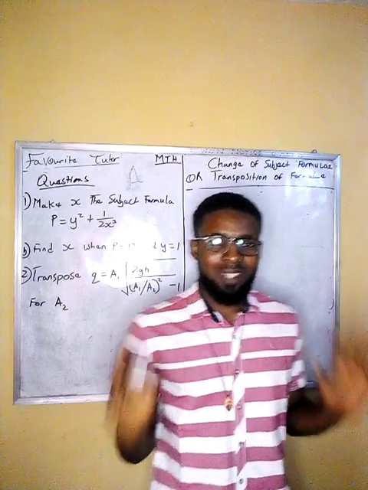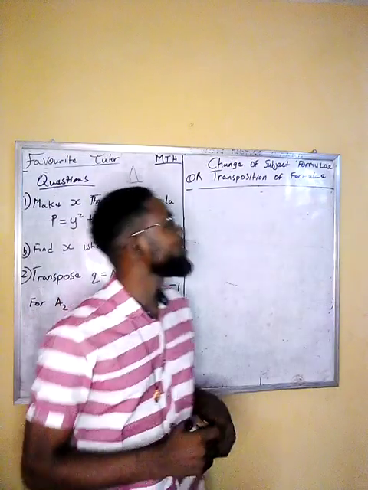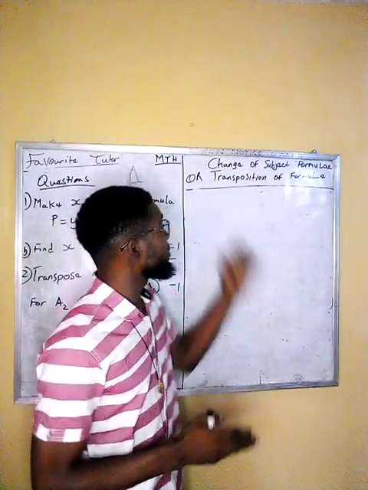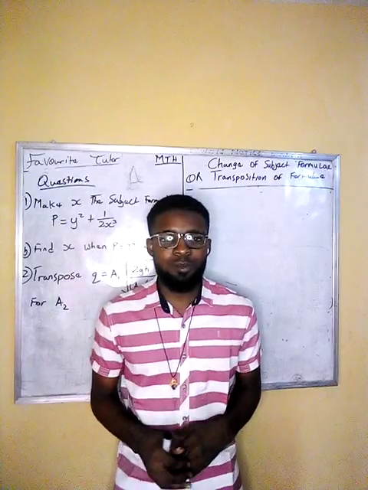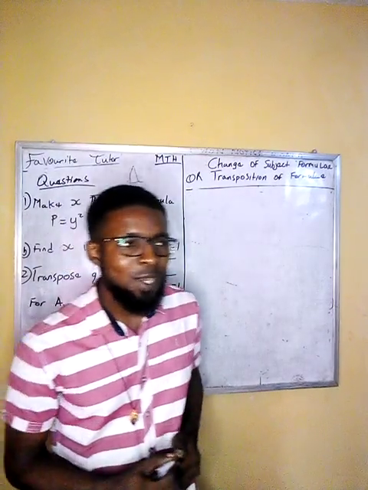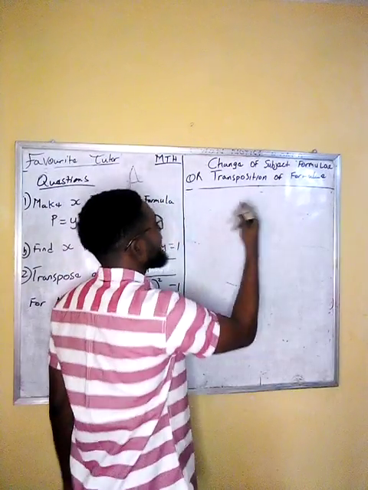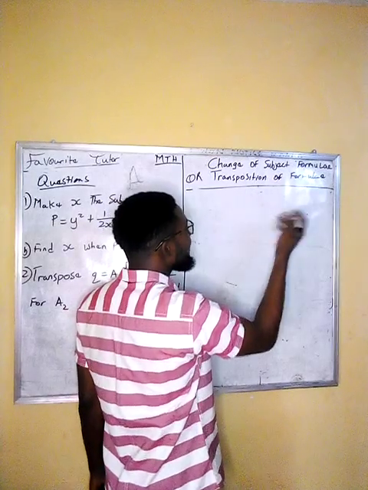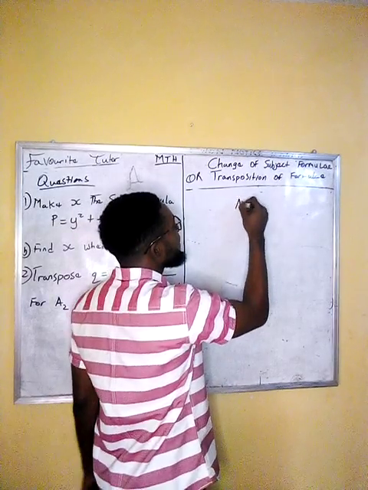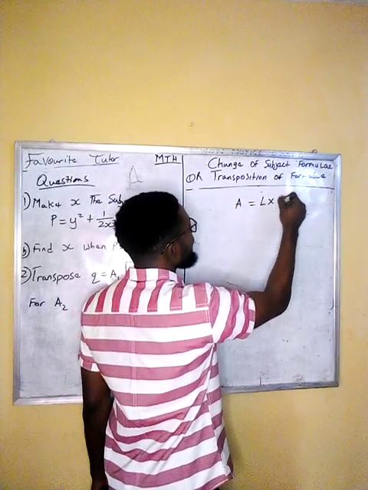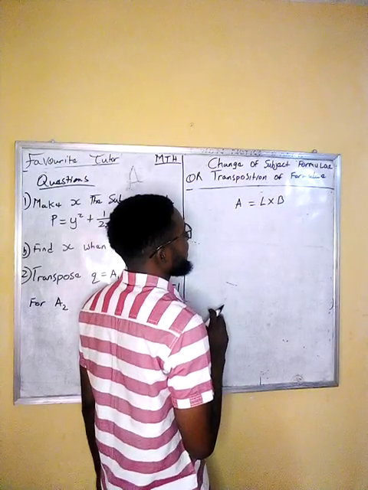Our topic for today is change of subject formula, also known as transposition of formula. It's a very simple topic. For example, the area of a rectangle is equal to length times breadth.